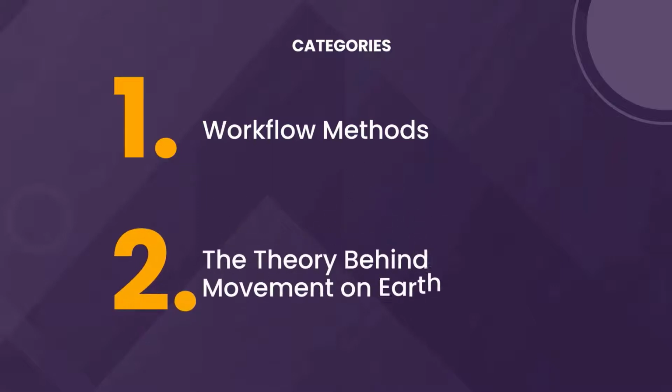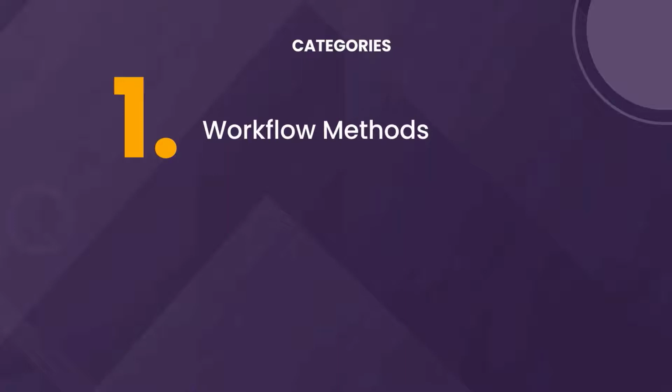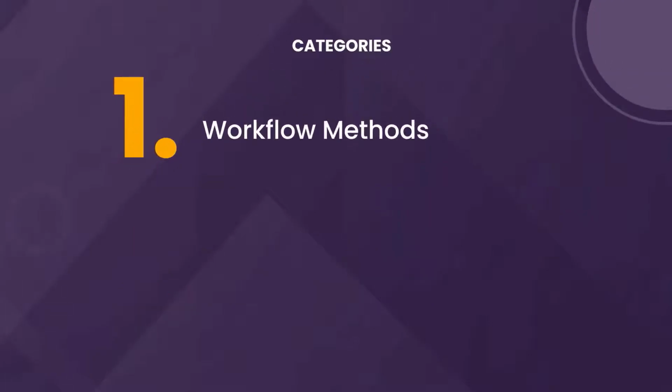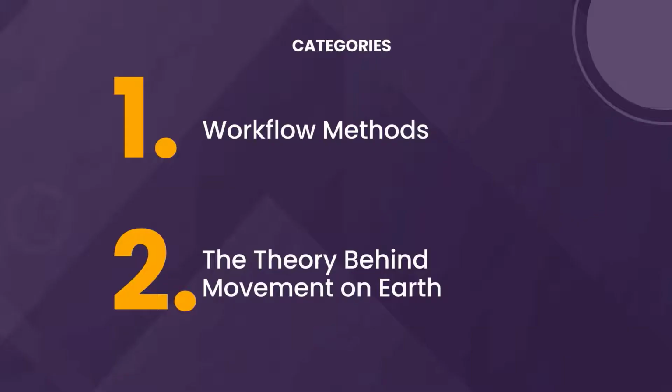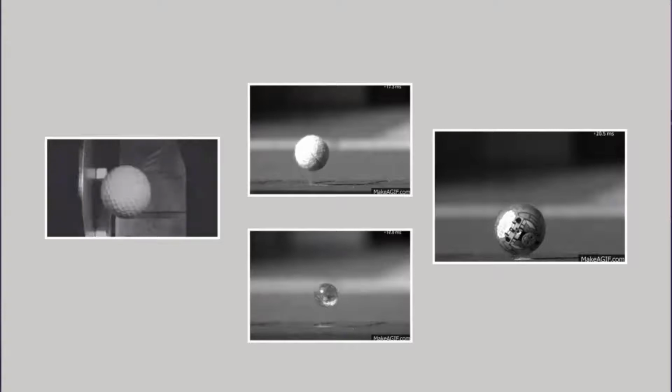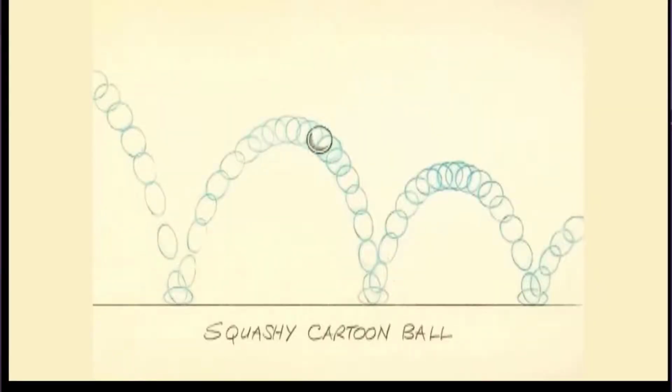Then the second is the thought behind movement: the theory behind how objects interact with one another and with their environment. There are some laws of physics because we are trying to replicate life, right? There are some principles behind all of this that we need to take cognizance of.